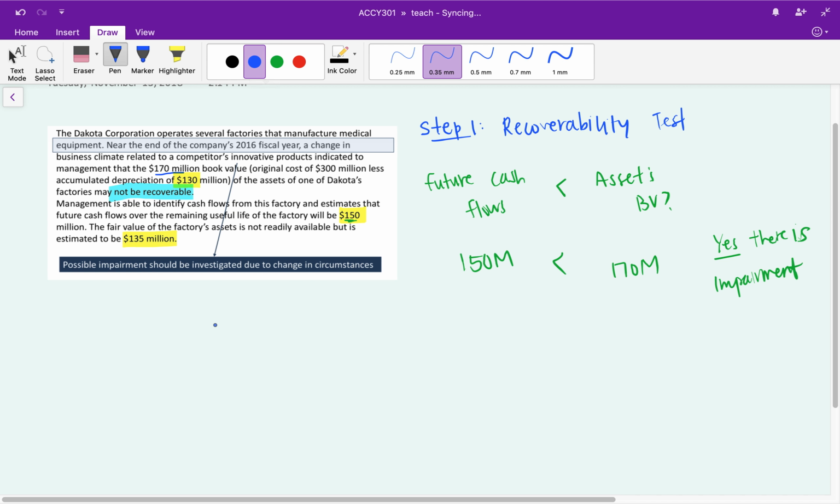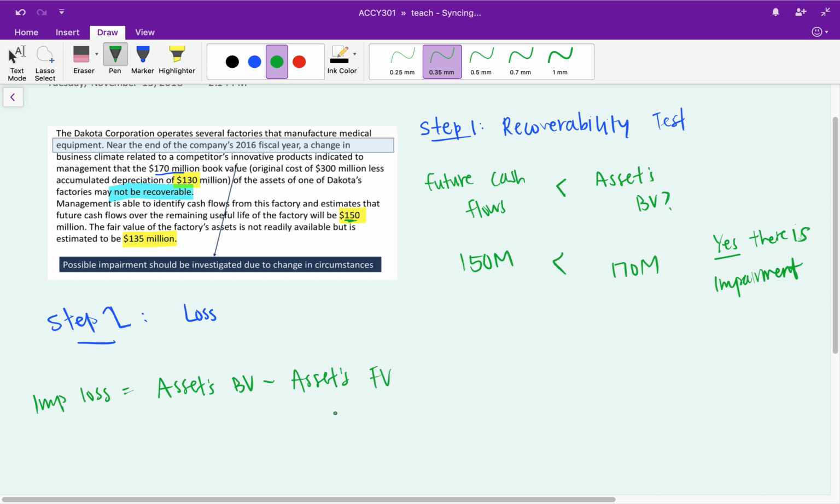So now we're going to move on to step 2, which is how much do we record? In order to calculate that, the equation states that impairment loss is equal to the asset's book value minus the asset's fair value.